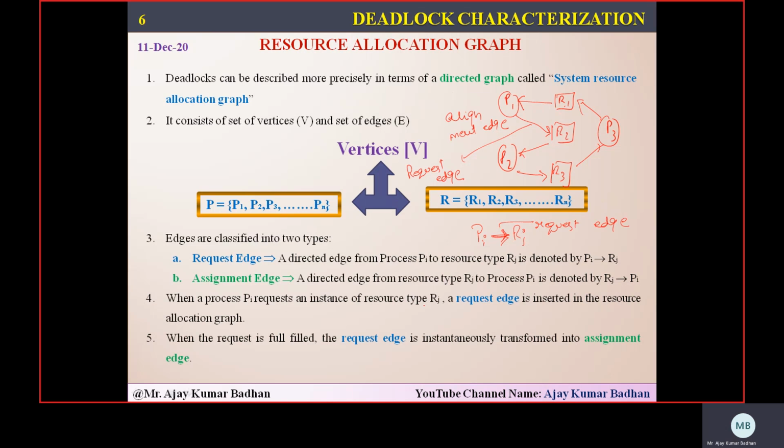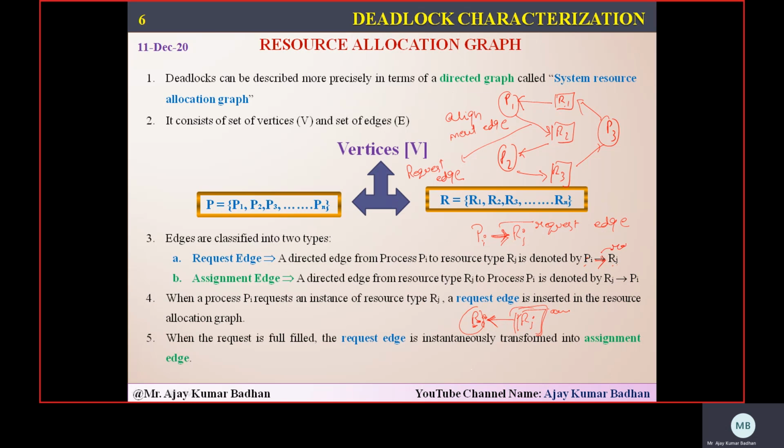Now, if an arrow goes from Rj to Pi, like this in the reverse direction, we call this an assignment edge. It means this particular resource is allocated to this particular process Pi. That's what he's saying here. You can see here, from the process, the arrow is going towards the resource.